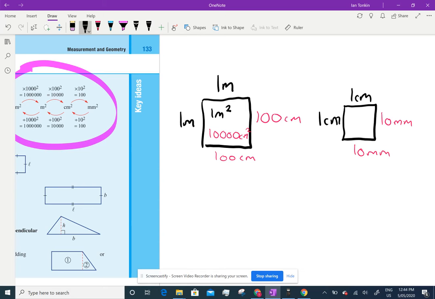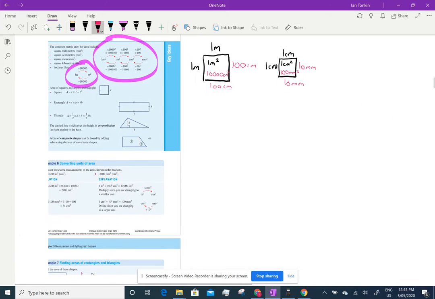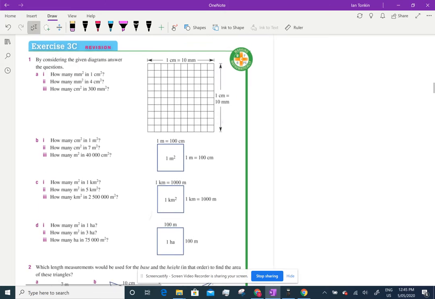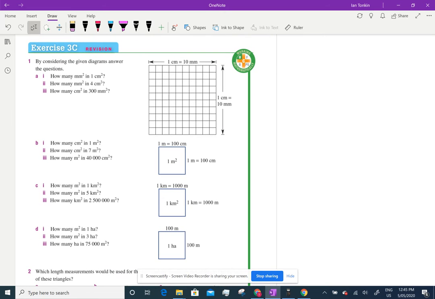Well, that means 1 centimetre squared, 10 times 10 is 100 millimetres squared. And that's what they ask you to do in the very first question down here. So we've already done the very first questions. So there's one. They do exactly what we just did. How many millimetres squared in 1 centimetre squared?